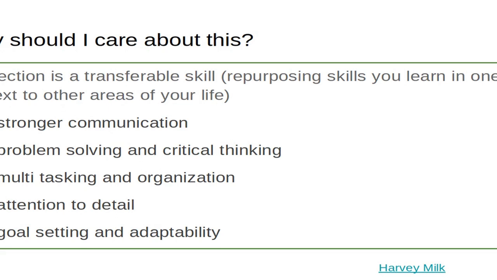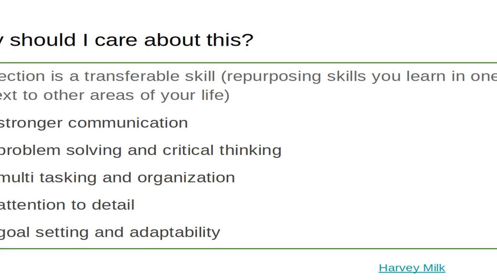And so when you're thinking about reflection specifically, not just writing or composition or communication, these are some of the things that you can transfer that skill to in other areas of your life. Number 1, like I have said, stronger communication. If you're reflecting on, okay, am I actually communicating well to the people around me? This doesn't have to be in a professional setting, but just talking to your friends and family. And like I already said, problem solving and critical thinking, right?